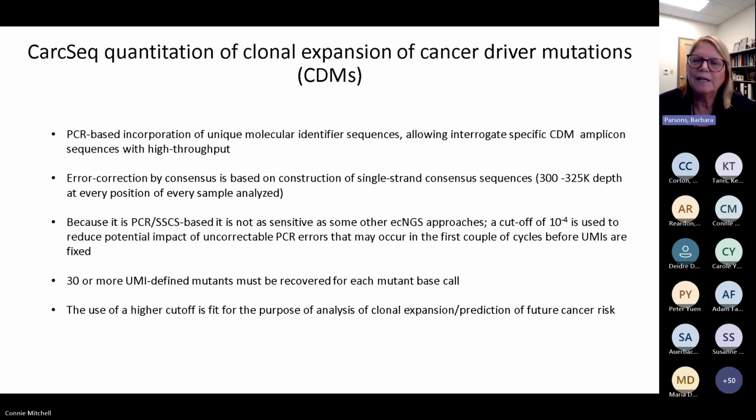Nevertheless, because we're looking at 300,000 single-strand consensus sequences and using this cutoff, that means that there are 30 or more different UMI-defined mutants being recovered for every specific mutation that I'm going to show you. And I think using this higher cutoff is fit for the purpose of analysis of clonal expansion. Next slide, please.